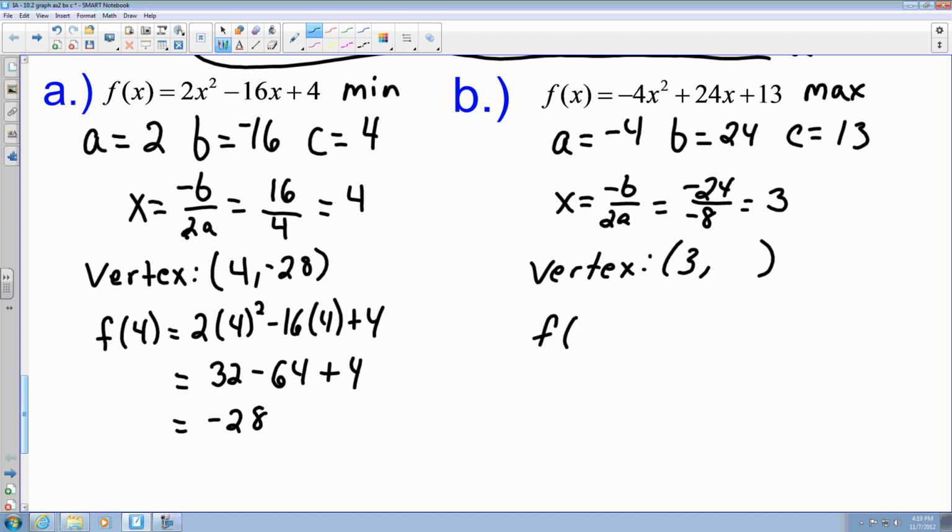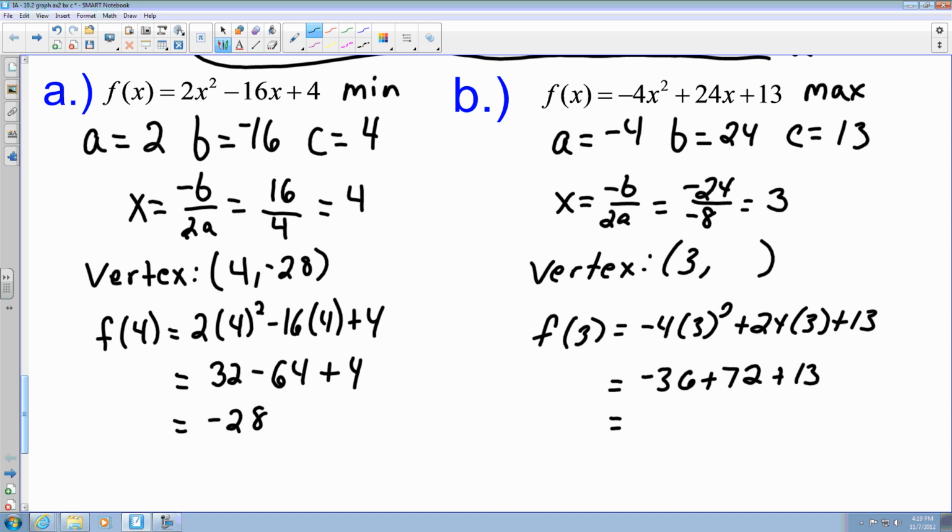We got f of 3 equals negative 4 times 3 squared plus 24 times 3 plus 13. 3 squared is 9, times negative 4 gives you negative 36. 24 times 3 gives you a plus 72, and plus 13. Put those all together, we find out that our result is 49. So our vertex is 3 comma 49.